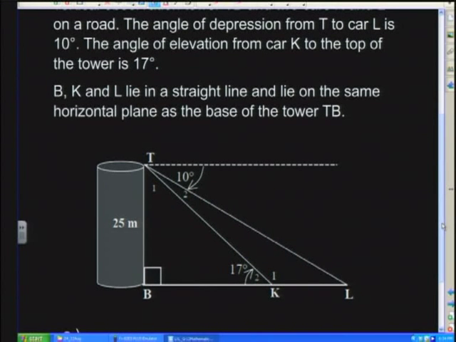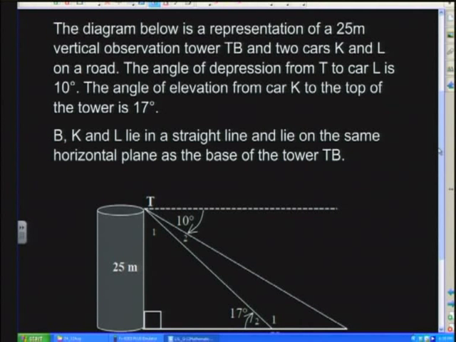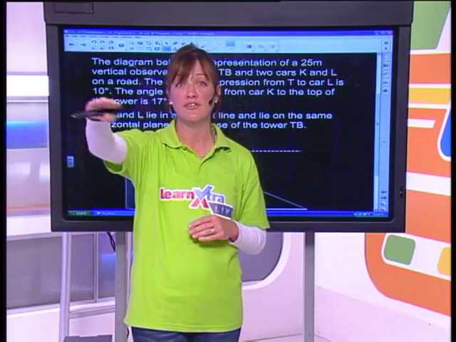Okay, let's have a look at this question over here. We have got a tower which is 25 meters in height, and they've given the values of TB, and 2 cars K and L are on the road. The angle of depression, remember guys, regarding angles of elevation and depression, they're always from a horizontal viewpoint.